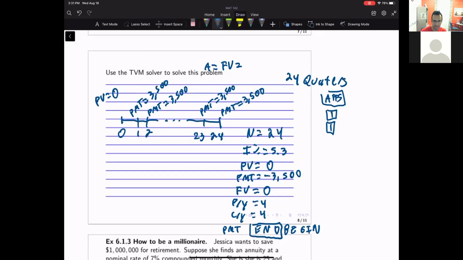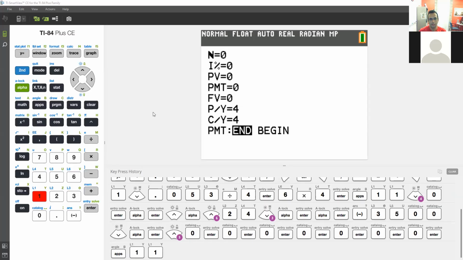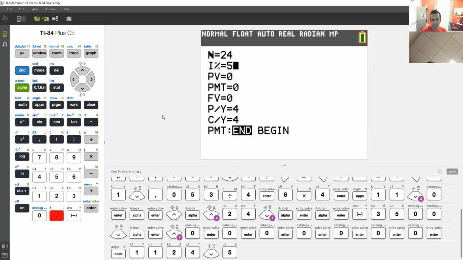And then we enter this in the calculator. So I'm going to switch screens here. Okay, so I'm going to enter what I have there. So that's going to be 24, then 5.3.